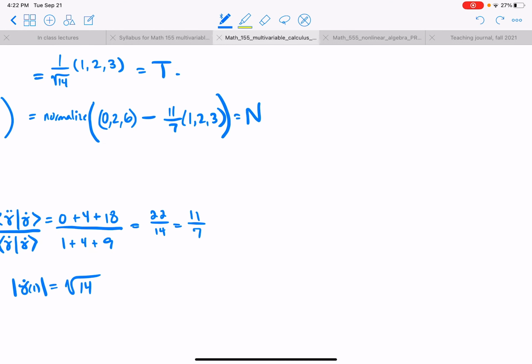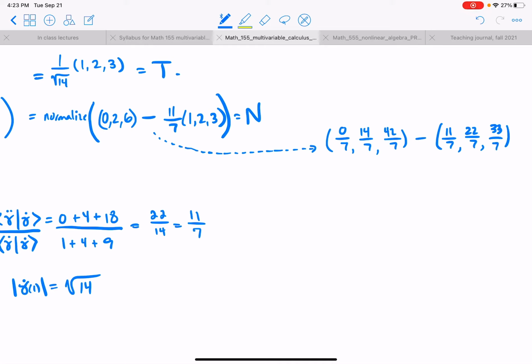Okay, so let's continue. So over here, I'm going to make this calculation. To subtract fractions, you need to take a common denominator. So what I'm going to do is say 0 over 7, 14 over 7, 42 over 7, 11 over 7, 22 over 7, 33 over 7.